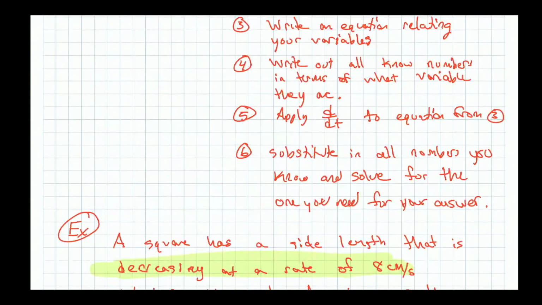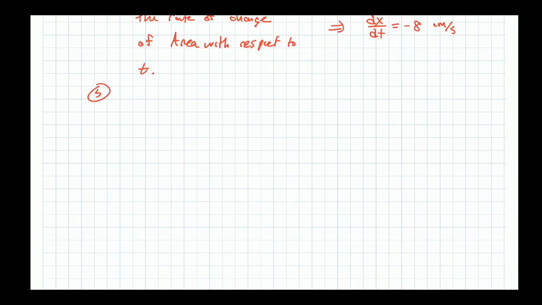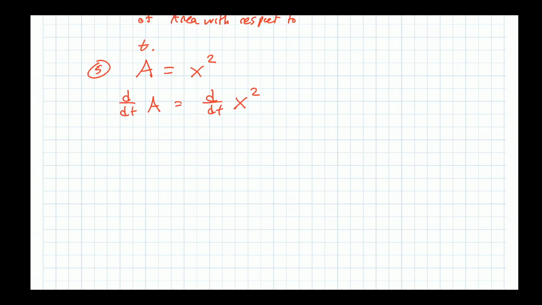All right, step 5. Apply d/dt to your equation. So step 5, where's my equation? A equals x squared. So we apply our derivative, d/dt of A equals d/dt of x squared. So the derivative of A is 1, dA/dt.